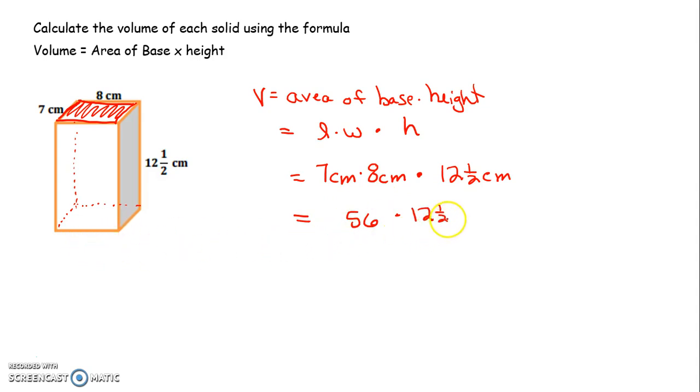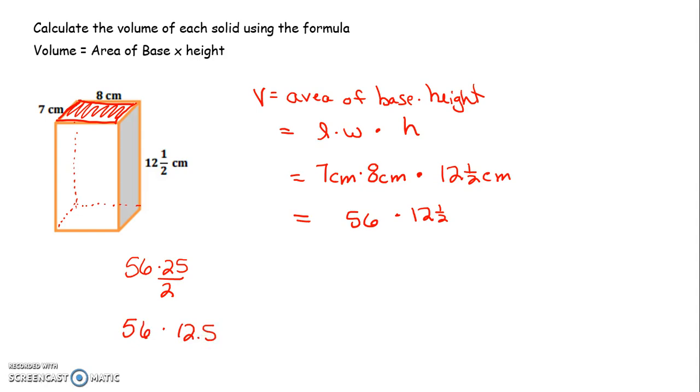We can use our calculators, or we could convert this to an improper fraction and multiply. 12 times 2 is 24 and 1 is 25. Oh gosh, that would have to be 56 times 25 over 2. Or you could multiply out 56 times 12.5. I'm going to pick up a calculator because I'm feeling a little bit lazy.